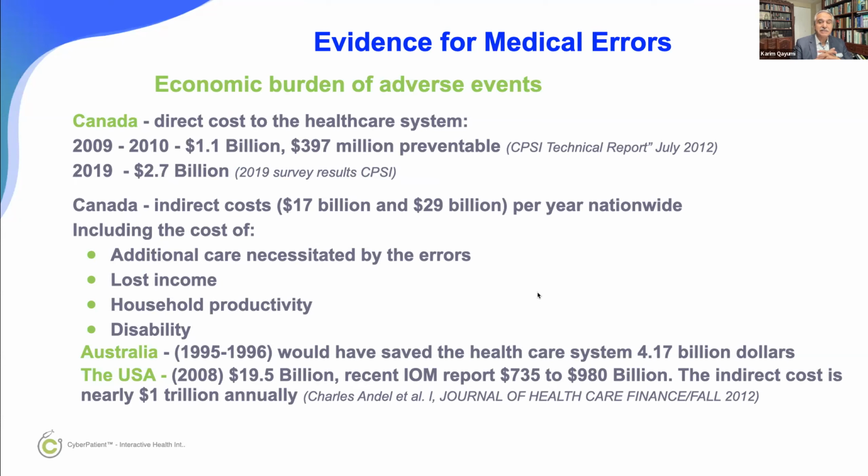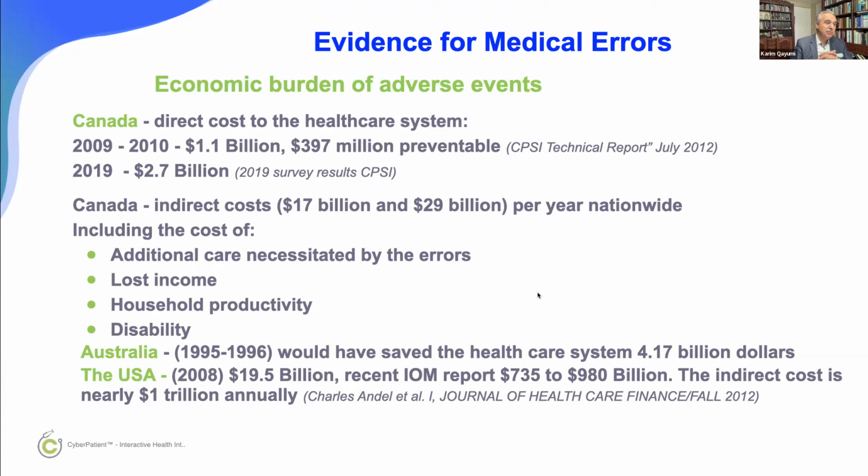So in Canada, for example, the direct cost to the healthcare system for medical errors is about $1.1 billion per year. And the Canadian Patient Safety Institute in 2019 increased this amount to $2.7 billion per year. It's a lot of money. That is the direct cost to the healthcare system.